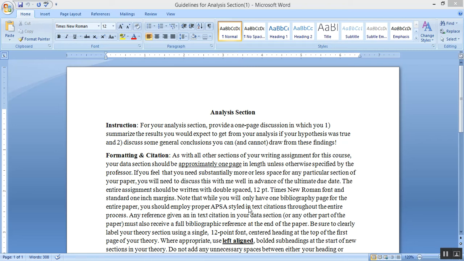Instead, as you can see, I'm going to run you through the documents that were made available to you in this week's coursework folder. We're going to start by looking at the analysis section guidelines and instructions, because I want to run through this document in exactly the same manner that we would have were we still able to have our traditional classroom discussions.